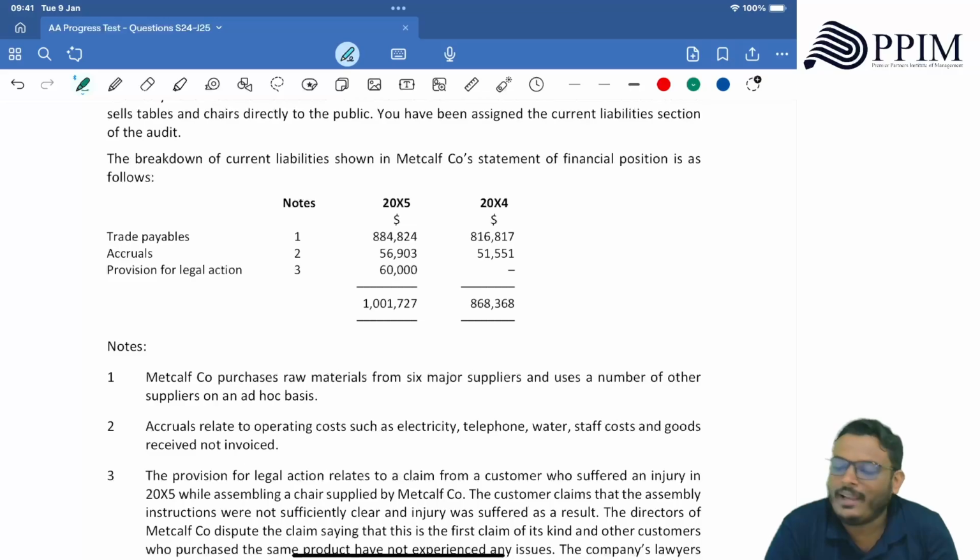So these are the values. Now they gave the notes, so we should read the notes in order to understand ourselves over this.